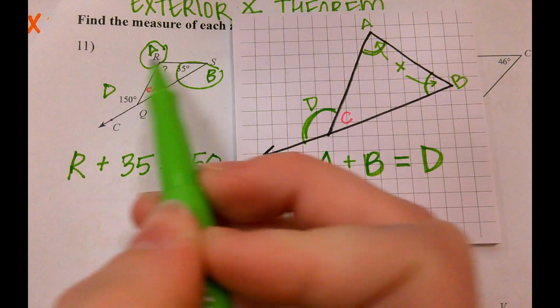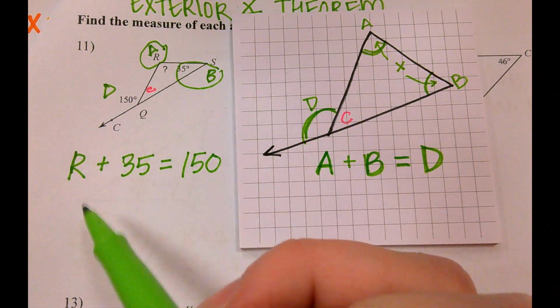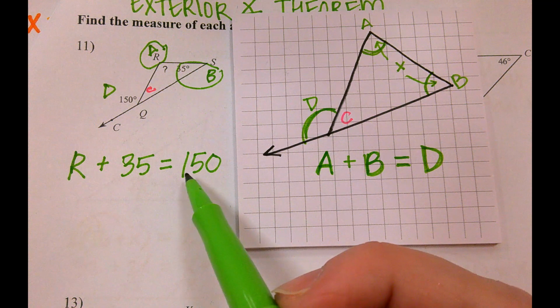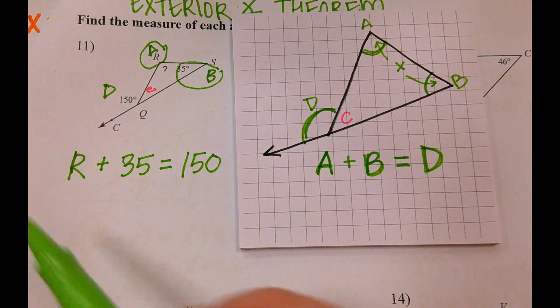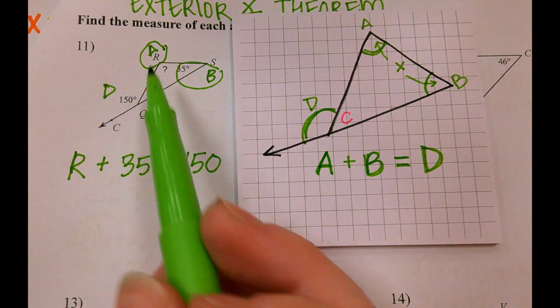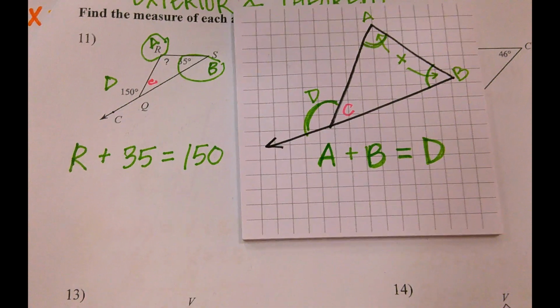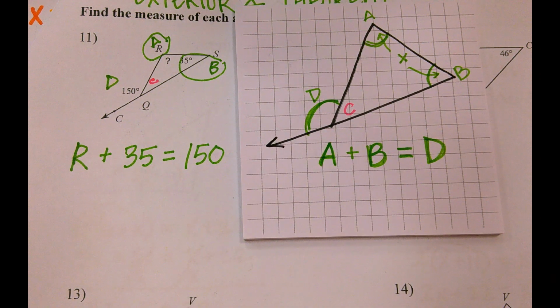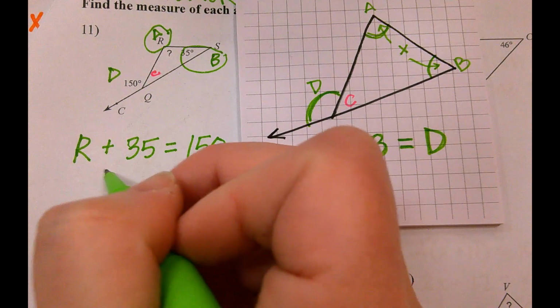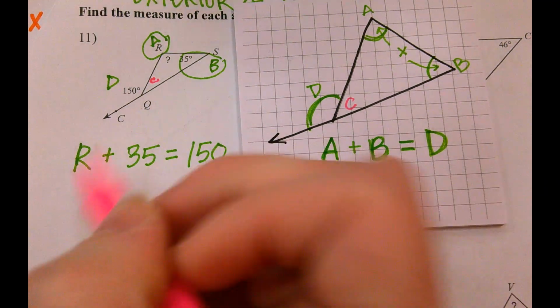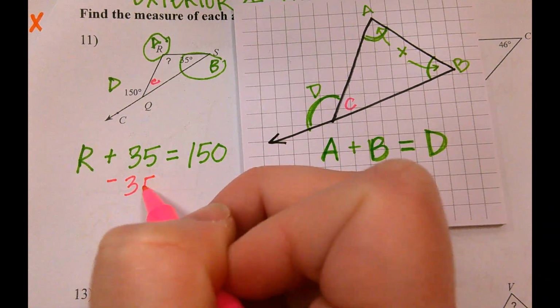So the two angles far away from the exterior add up to equal the exterior angle. And we're solving for that missing angle R. So what would I do? Subtract 35 on each side. Just subtract 35 on each side. And then you're done.